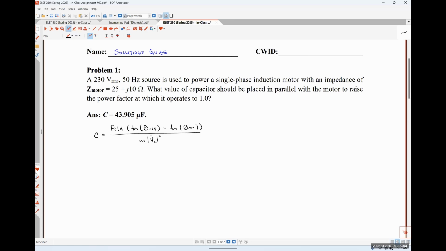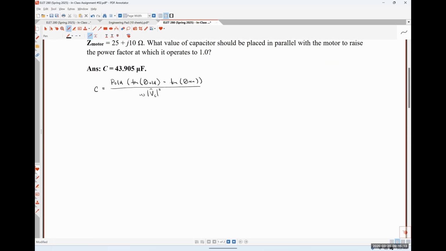If I were to draw a schematic diagram for this system, it would be something like this. Here's my source voltage: 230 volts RMS at a frequency of 50 hertz. So there's my supply.